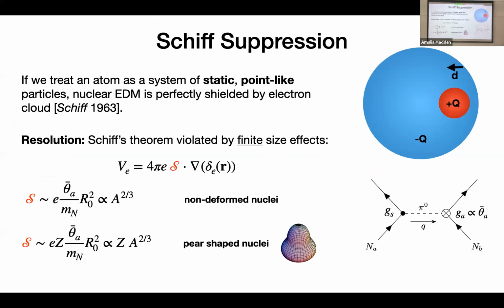So if you remember, the dipole potential of a nucleus is screened because of Schiff's theorem. And the way we get around this is by looking at this higher order moment, which is the shift moment. And in order to make the potential of the electrons field from the nucleus as large as possible, you want to max out the shift moment.